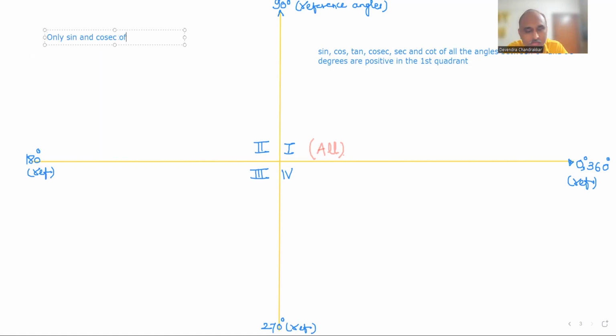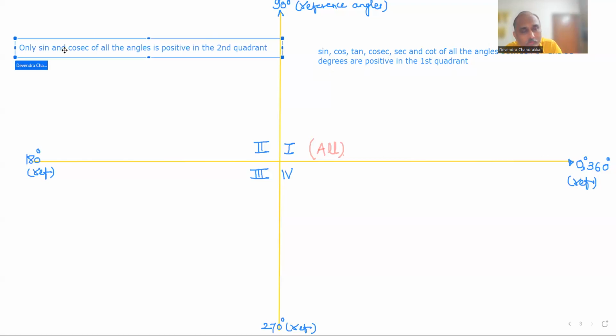Only sine and cosec of all the angles are positive in the second quadrant. That means the rest of the values will be negative. Cos will be negative, tan will be negative, cot will be negative, and sec will be negative. Right? I hope all of you understood this.